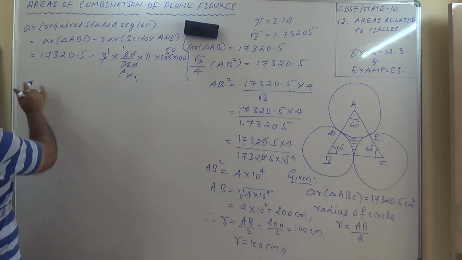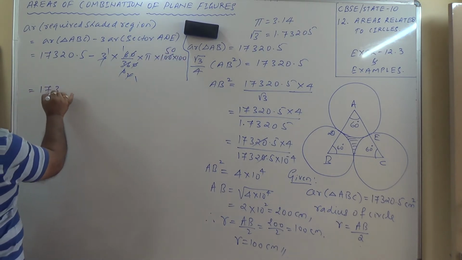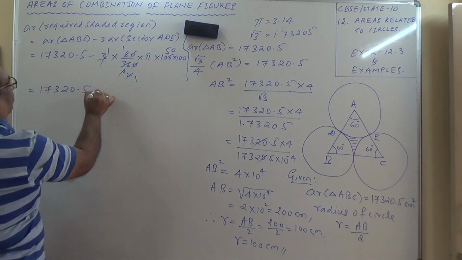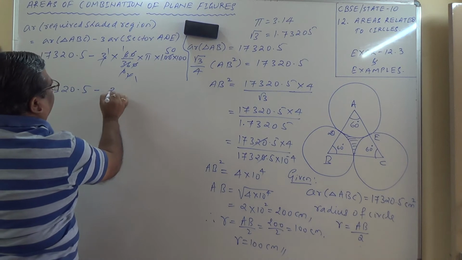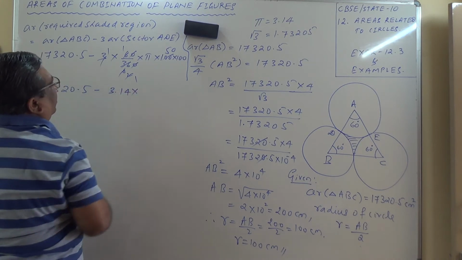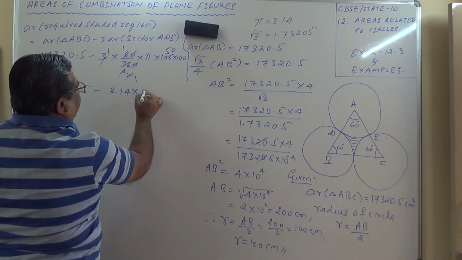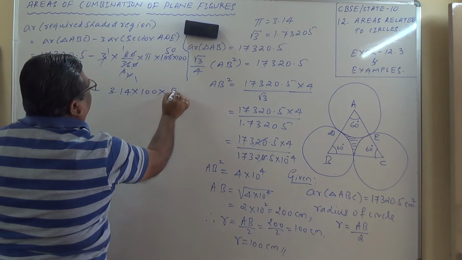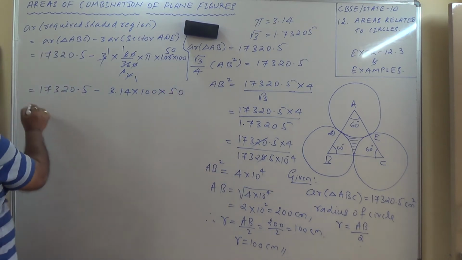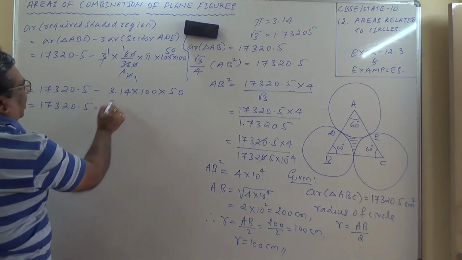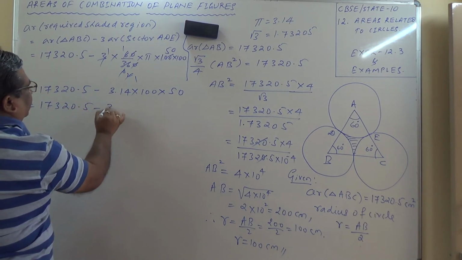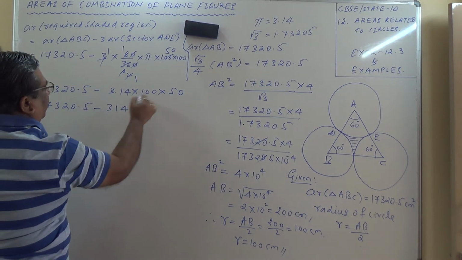So this is equal to 17320.5 minus pi value 3.14 into 100 into 50 into 50. This is 17320.5 minus 3.14 into 100 is 314 into 50.